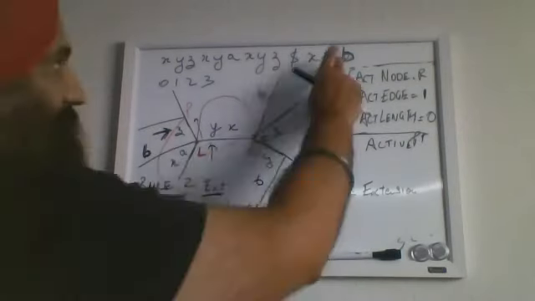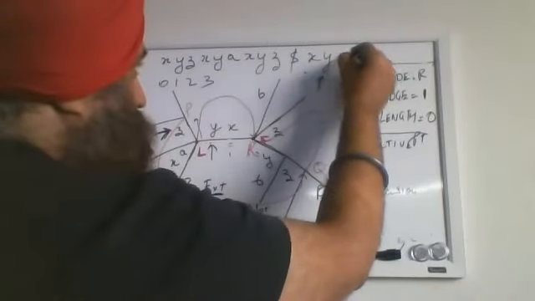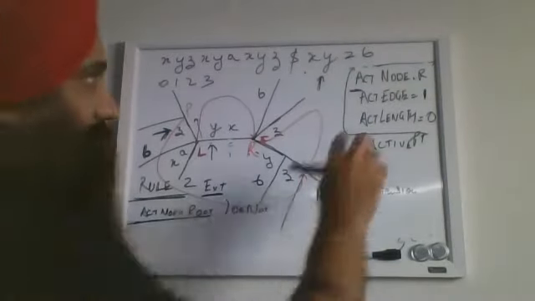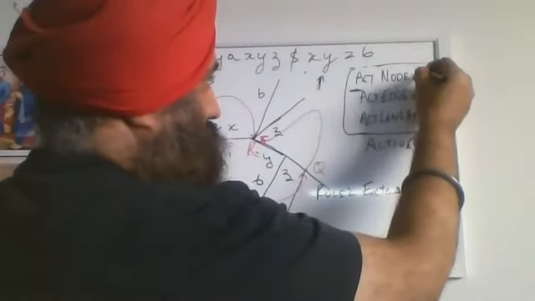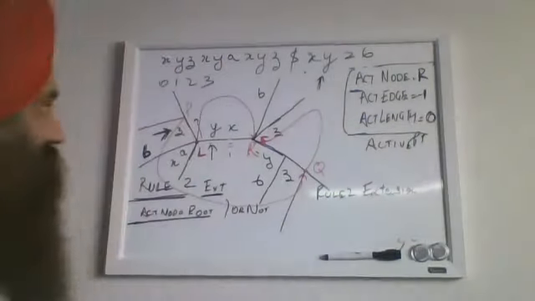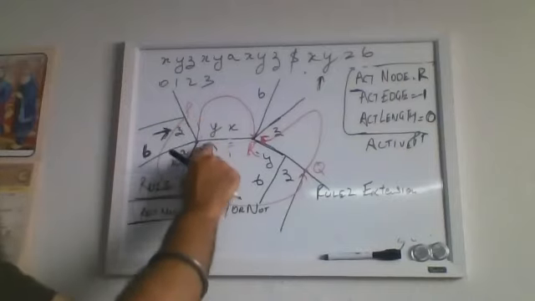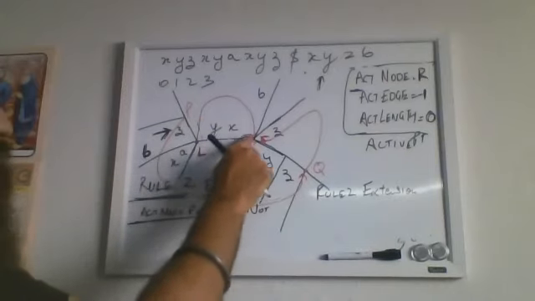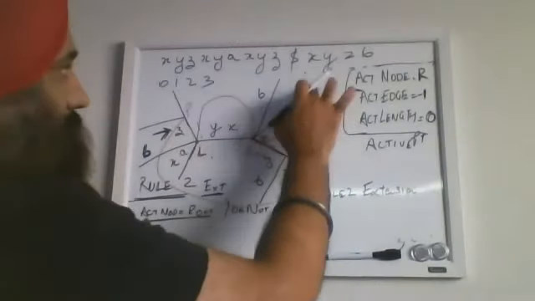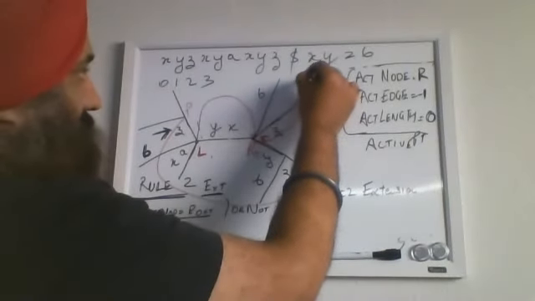Now suppose after xy there was z, it was zb. The situation was different. We again start from the root, -1, 0. Our active point was root R. Suppose we have to add x to it.